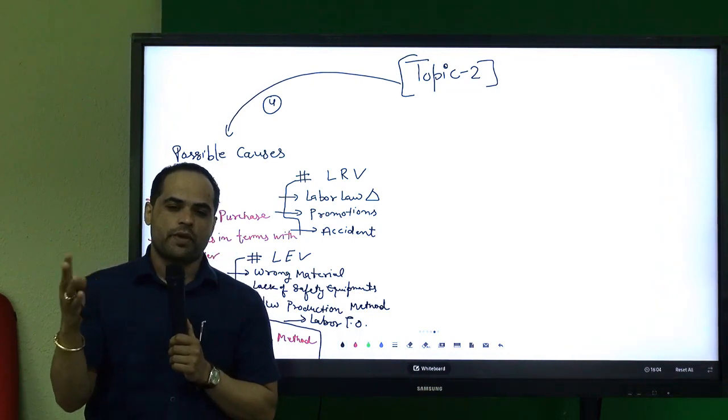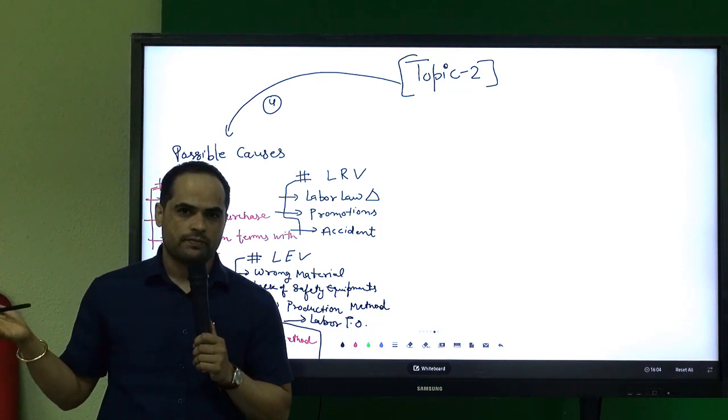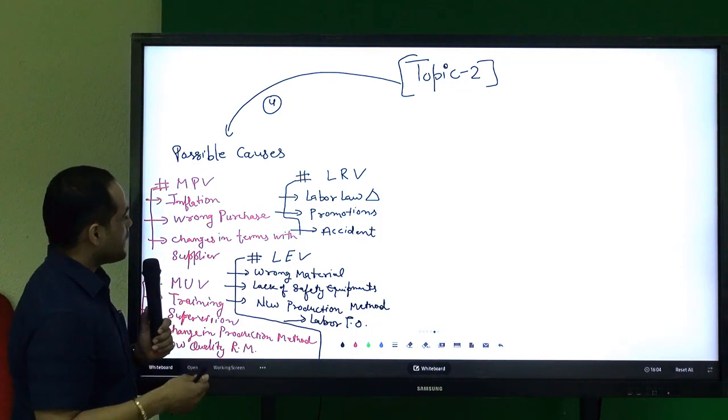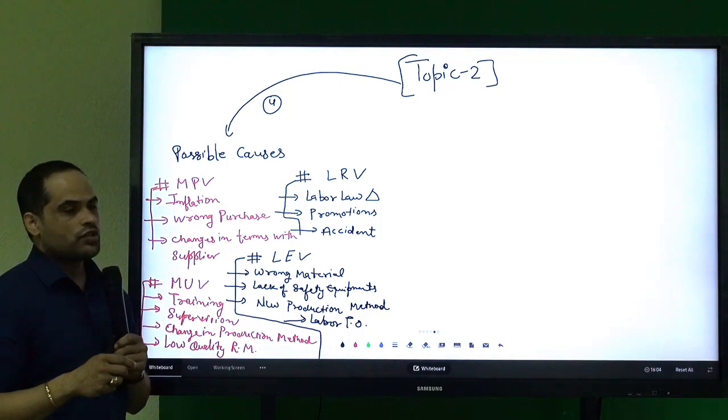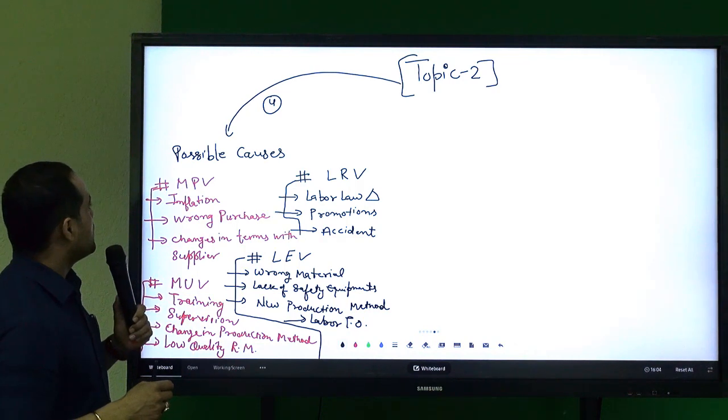Maybe that kind of pressure may give a negative impact on the performance of the workers. So that's all about labor efficiency variance. Now move on to the next.